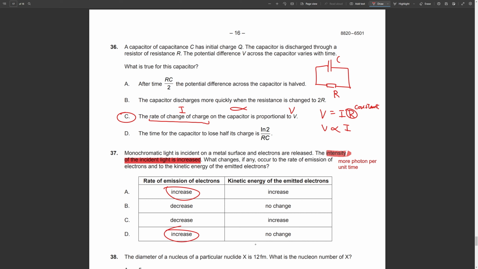And the kinetic energy of the emitted electrons depends solely on the frequency of the photon. Because in order to increase the energy input of each photon, you must increase the frequency of each photon. Now, there is no change in its color, no change in its frequency, and the answer is D.